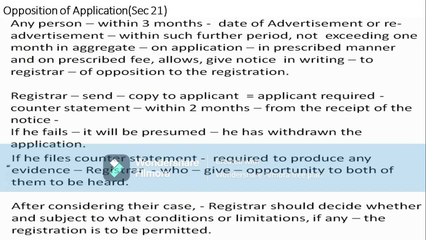So this advertisement of the application can be made. Then, opposition of application according to Section 21: any person, within 3 months from the date of advertisement or re-advertisement, within such further period not exceeding 1 month in aggregate, on application in the prescribed manner and on payment of the prescribed fee, may give notice in writing to the registrar of opposition to the registration.